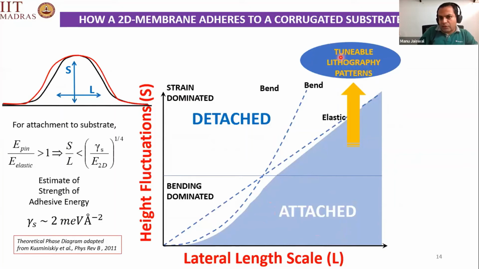So with these tunable lithography patterns, we could take the system from an attached to a detached configuration. And not only that, we could estimate the strength of the adhesive energy, which is the value we found, 2 milli-electron-volt per angstrom square.